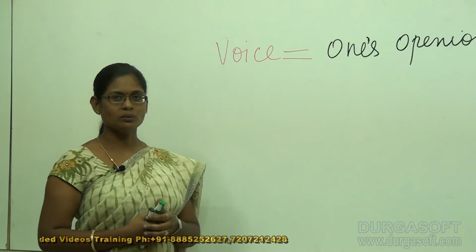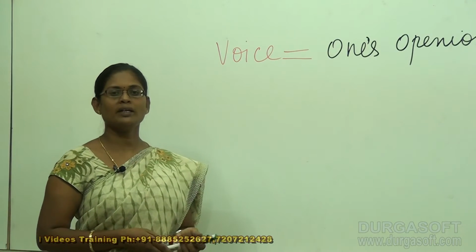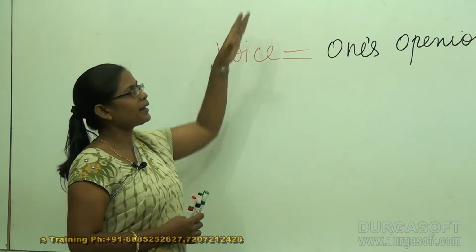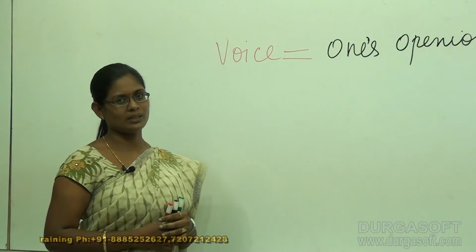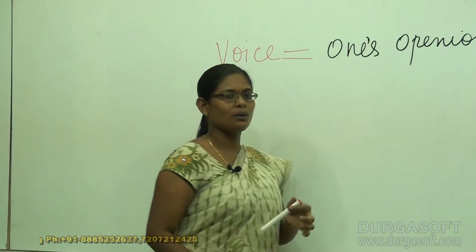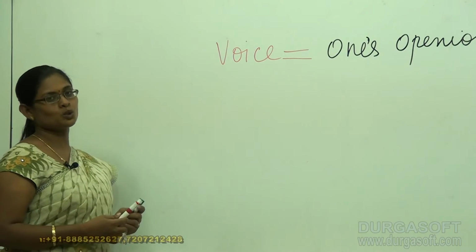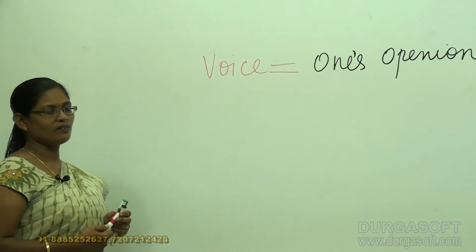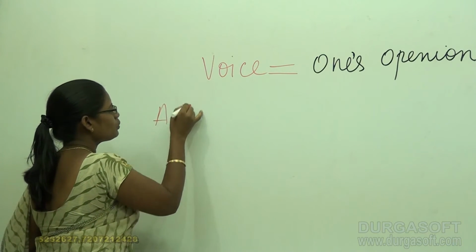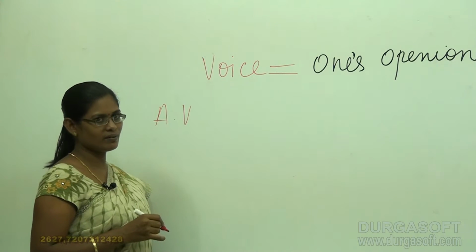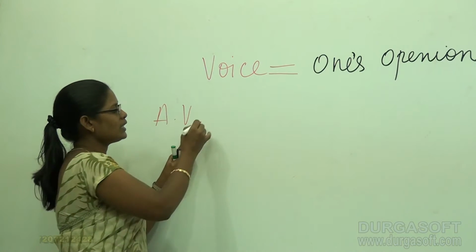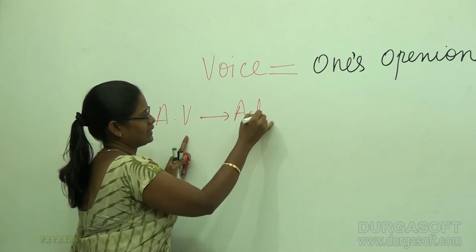Okay, as of now, this voice gets classified into two different types. Those are active voice and passive voice. Now, I would like to give some codes to my active and passive voices for easy remembrance. I call my active voice AV for my comfort, so capital A and capital V indicate active voice.